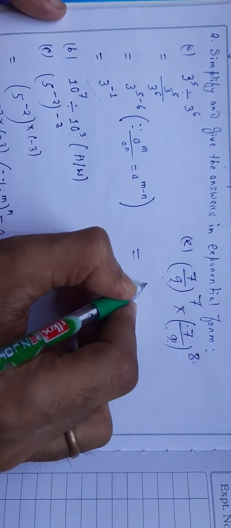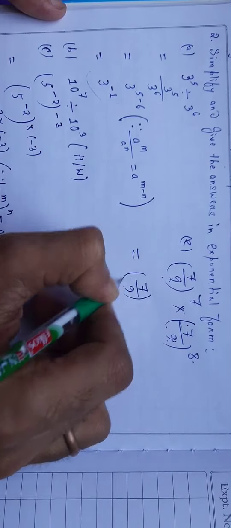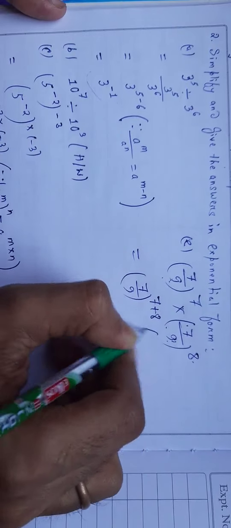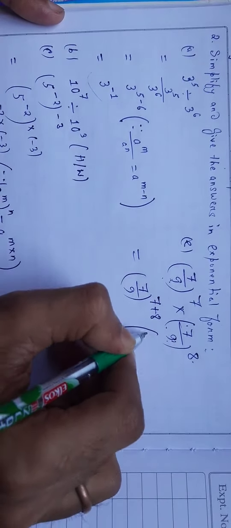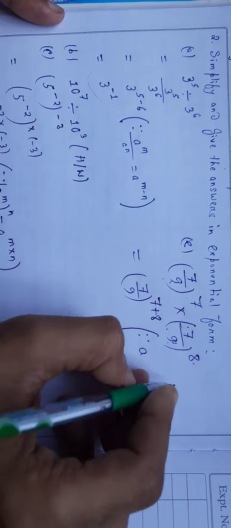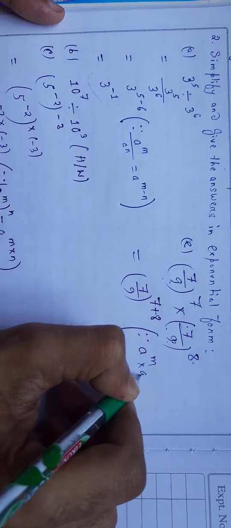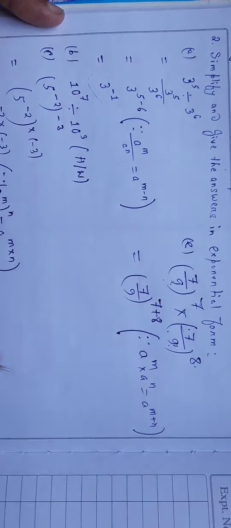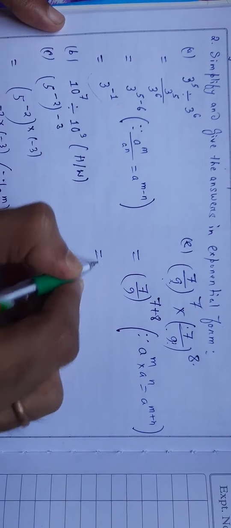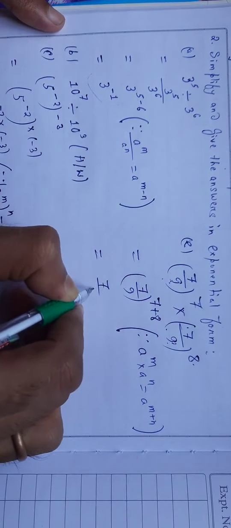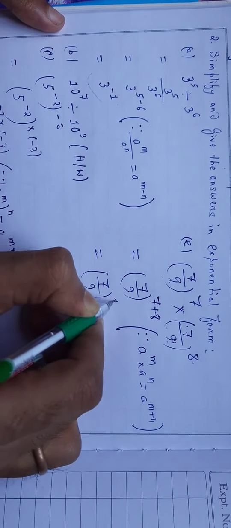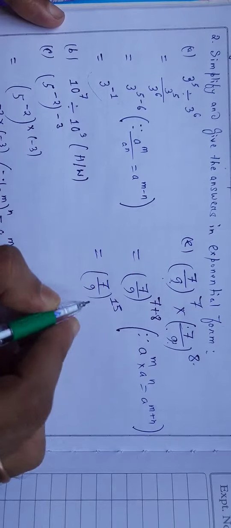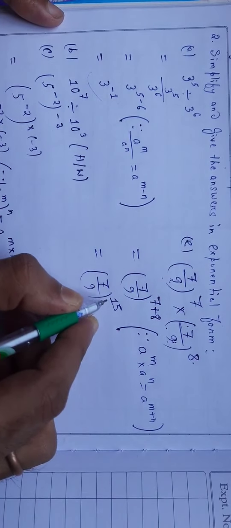So it becomes 7 by 9 to the power 7 plus 8. And the reason is, since a to the power m into a to the power n is equal to a to the power m plus n, which equals 7 by 9 whole thing to the power 15. 7 plus 8 is 15, which is also in the exponential form.